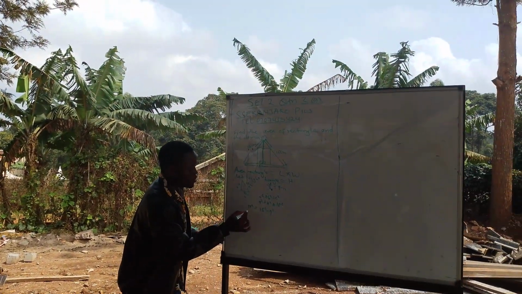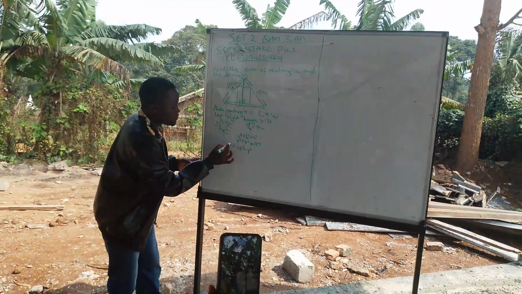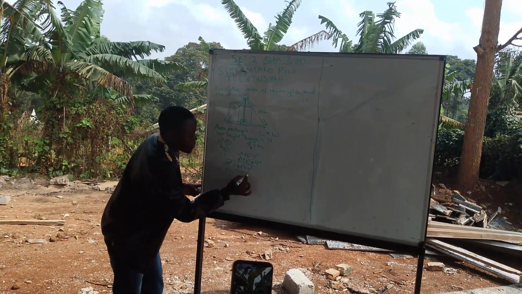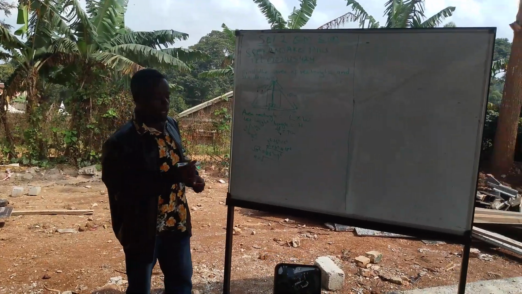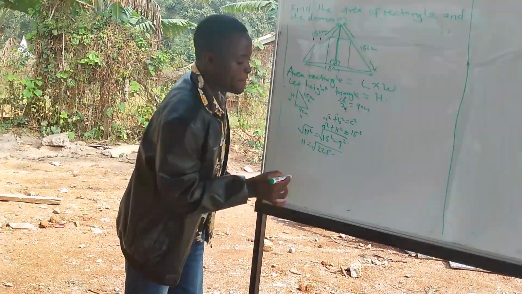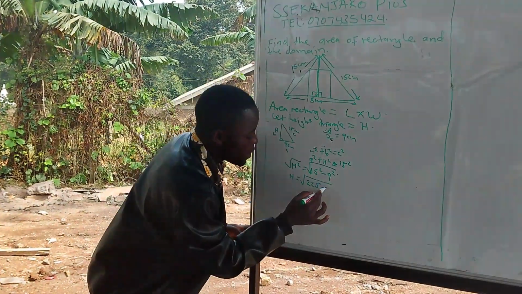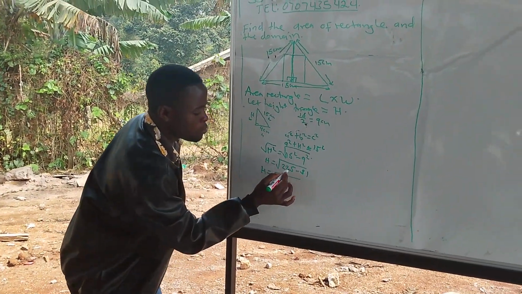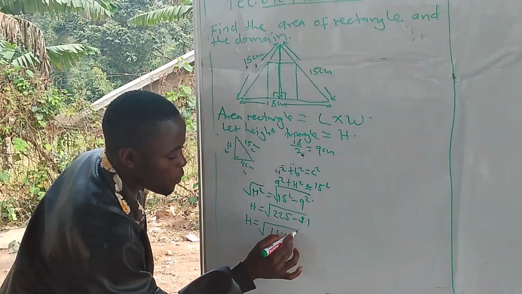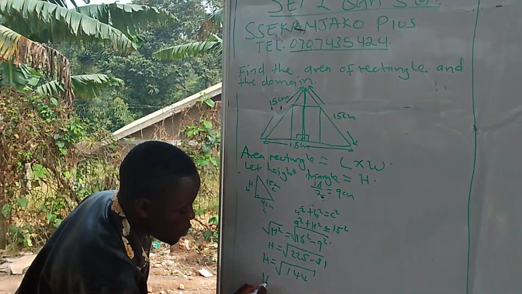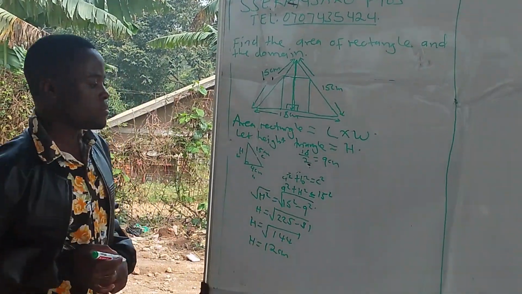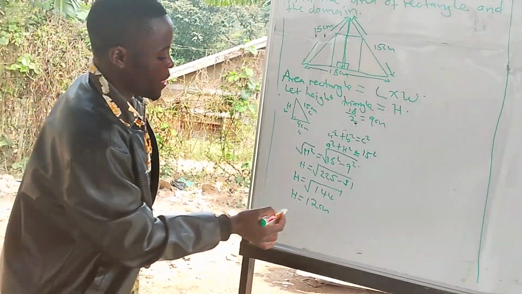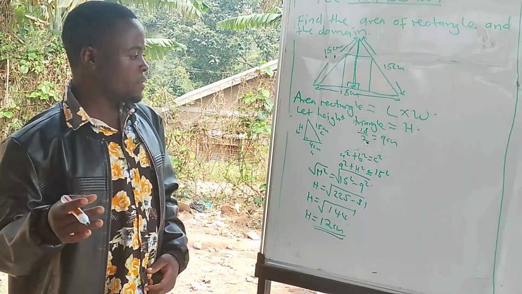Taking the square root on both sides, h is the square root of 225 minus 81, which is 144. The square root of 144 gives h as 12 centimeters. So now I have the height of this triangle, which is 12 centimeters.